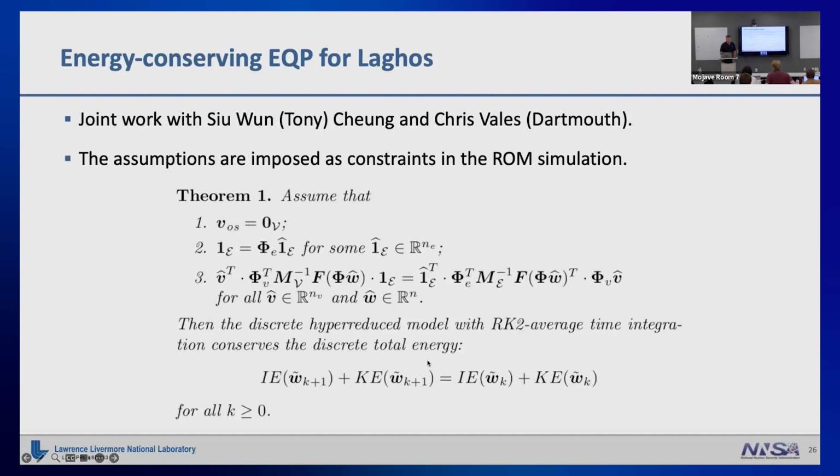But we've shown that under some conditions which are easy to implement in the ROM formulation in the time stepping, if you just ensure that a consistent approximation is used in the two conservation equations, this is what assumption 3 is saying, basically, then you can still conserve energy exactly.